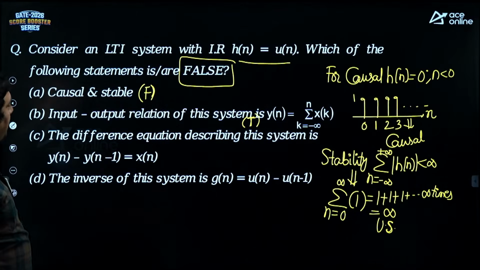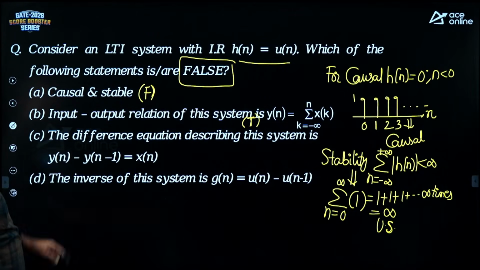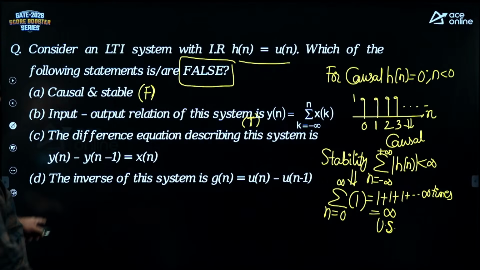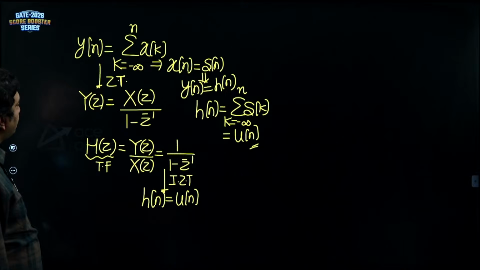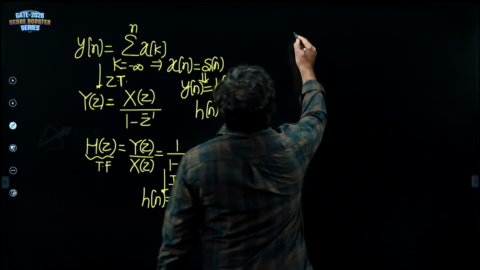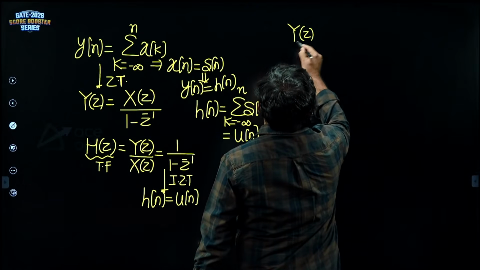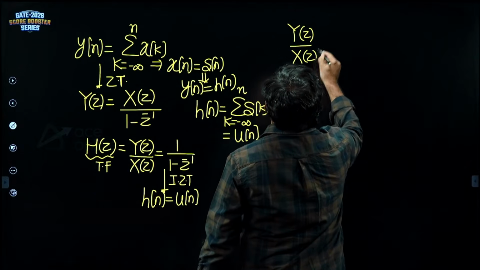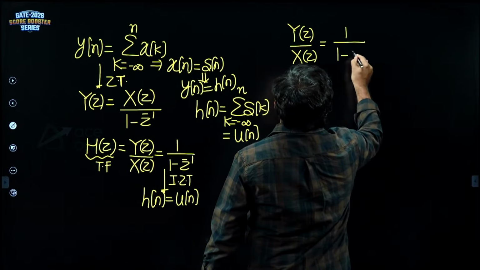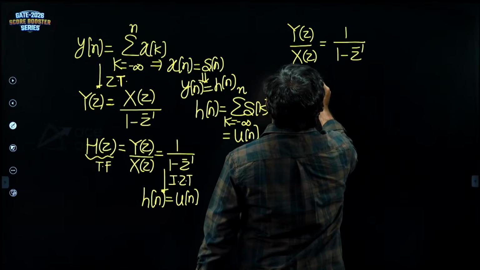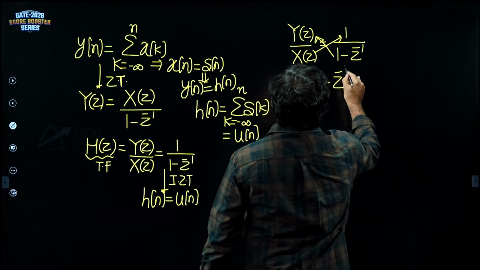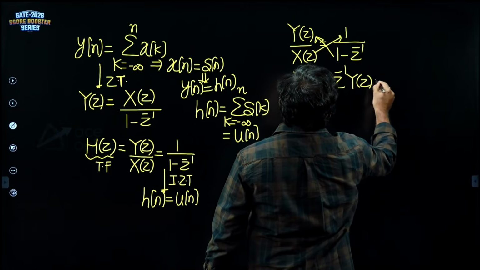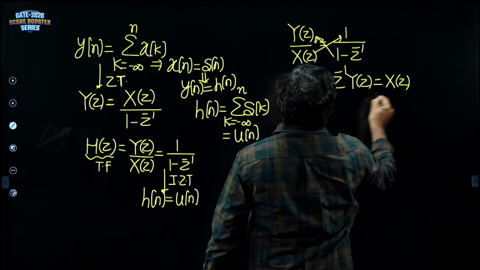What is option C? The difference equation describing this system. The same expression can be written this way. Let us observe how it is true. Now we are discussing option C. Y(z) by X(z) is 1 by 1 minus z inverse. If I cross multiply, Y(z) minus z inverse Y(z) equals X(z).